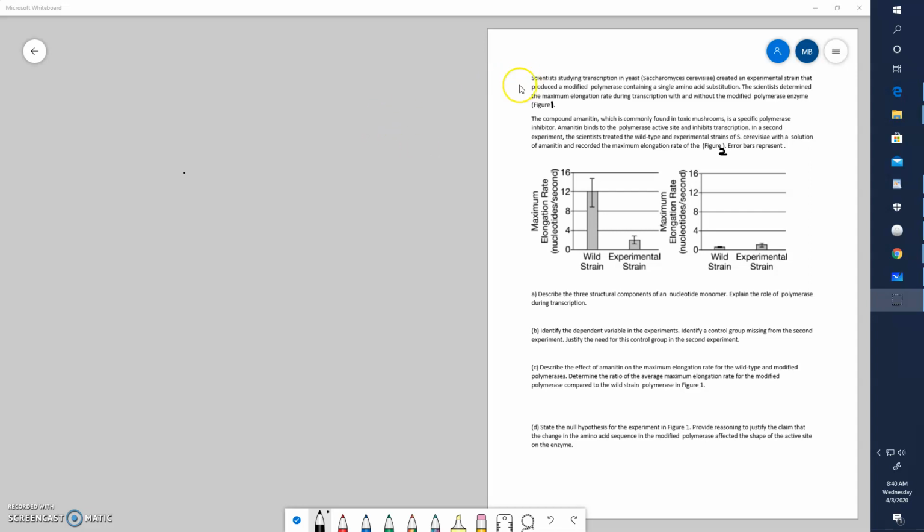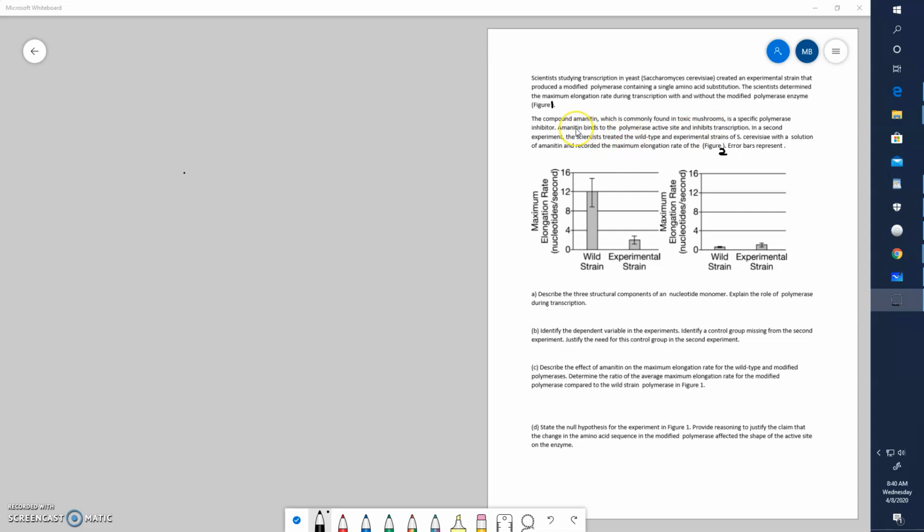But so we have this study looking at yeast, and they've got an experimental strain that produced a modified polymerase, because of one amino acid difference. They determine the maximum elongation rate during transcription with and without the modified polymerase enzyme, figure 1. They did a second experiment where they had this compound, amatoxin, which is commonly found in toxic mushrooms, you don't need to know that, and is a polymerase inhibitor.